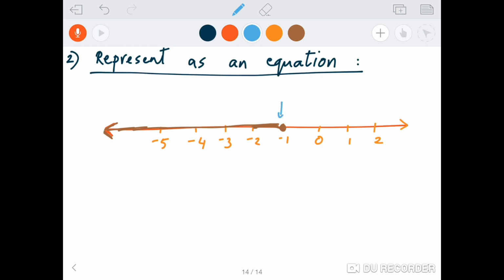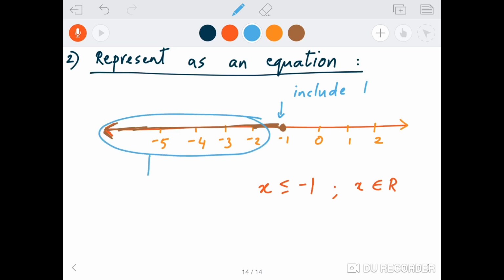So these are all real numbers that are less than minus 1, which also includes minus 1. Please read that as minus 1 instead of 1. So you're basically looking at all real numbers that are less than or equal to minus 1, and that itself is going to be your equation. So x less than or equal to minus 1, x belongs to R, would be the method in which you would represent the number line in the form of an equation.